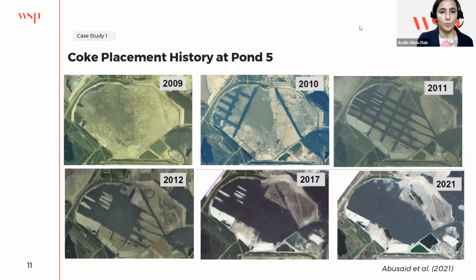Here is a glance at the coke placement history at Pond 5. In 2009, you can see the pond full of tailings. All the tailings are exposed. In 2010, they started covering the pond with coke, as we can see here, through roads. So how is this done?